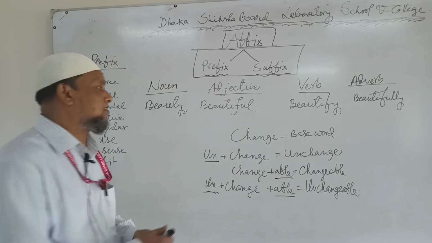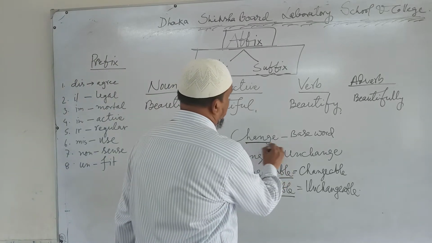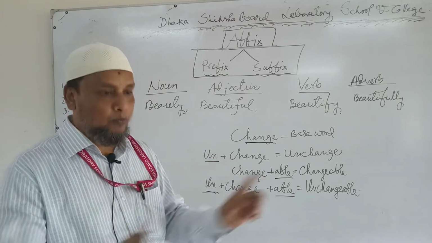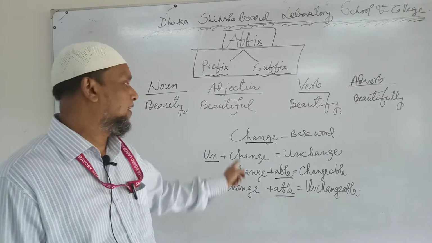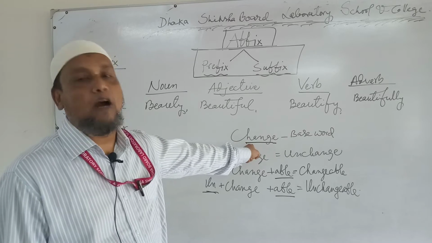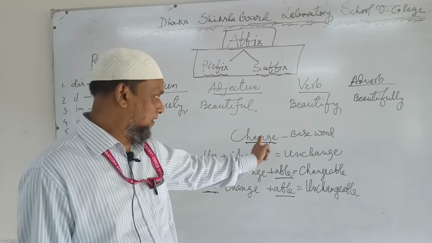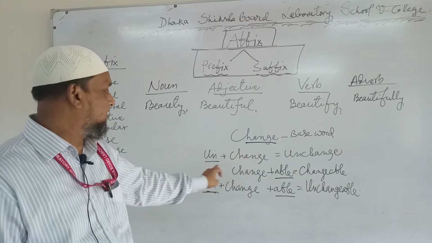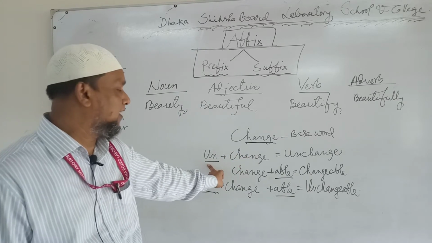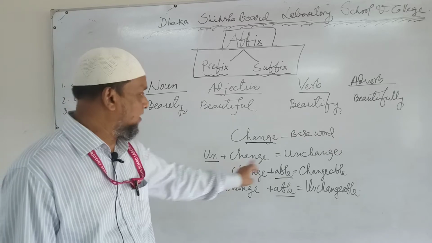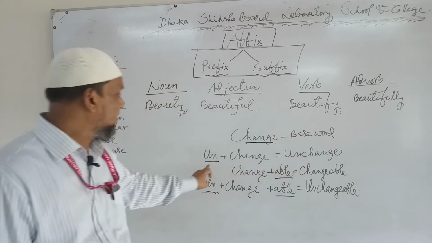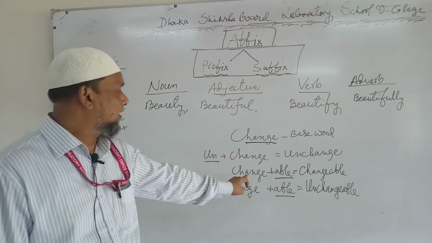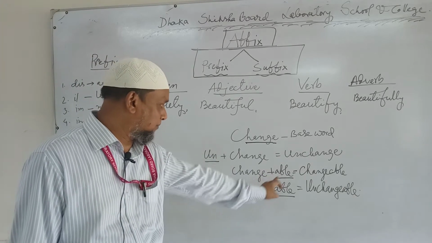There is also another example here. For example, you can see that this is the word change. This is a base word. It means poriborton kora or poriborton. This is a verb, also a noun. If we say this is a base word, then we add un before the base word. The word is unchange, that is prefix. Then we add able after the base word.